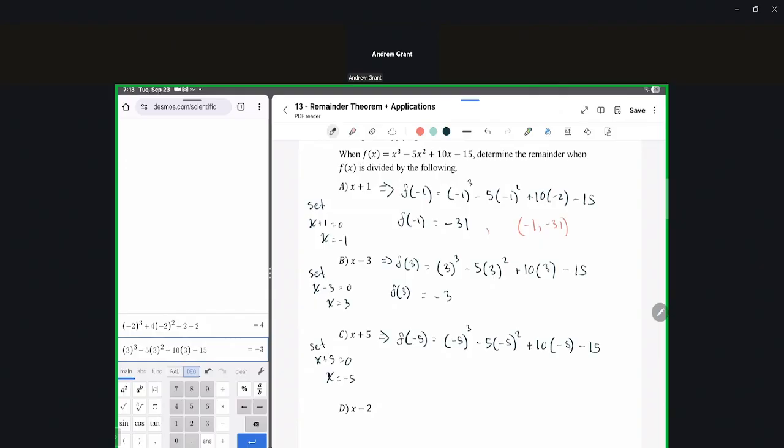Okay, and so f of -5 will be equal to, and again, I'm just going to edit the entries on my calculator here. So in place of 3, I'm going to swap out -5 everywhere.